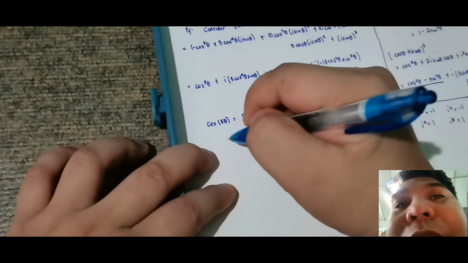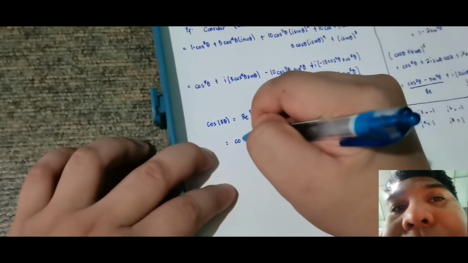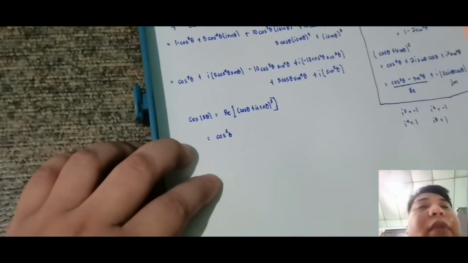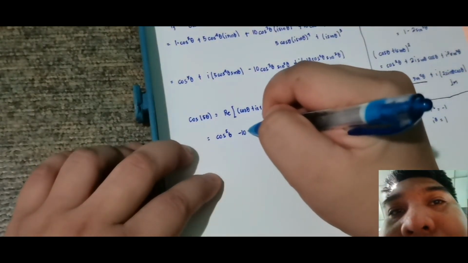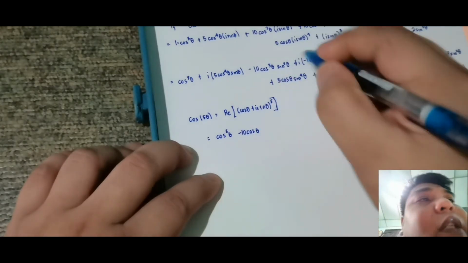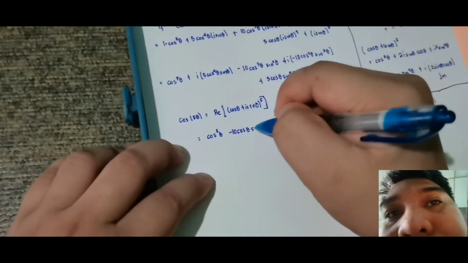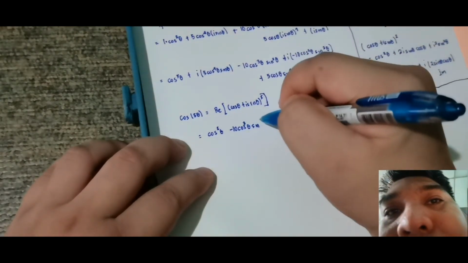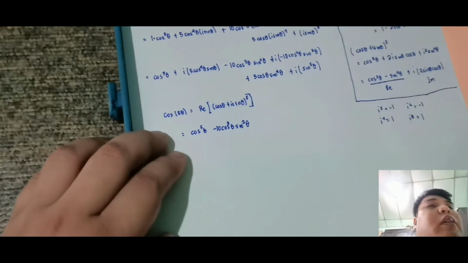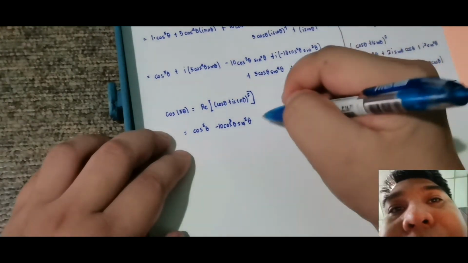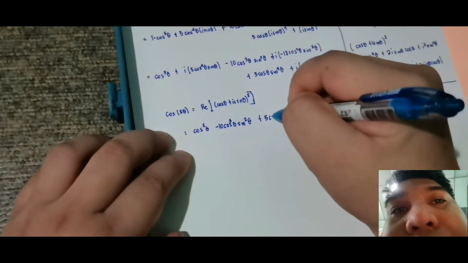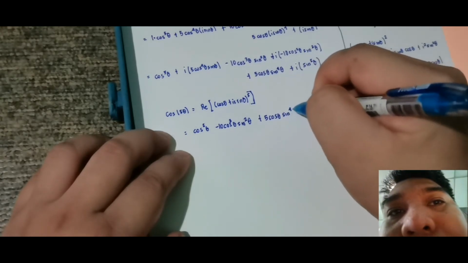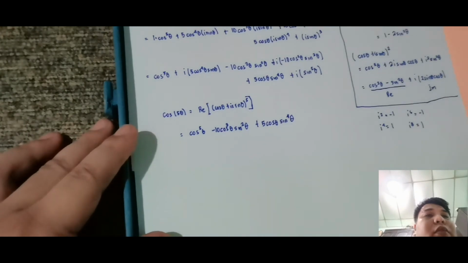Yung mga walang I dyan is equivalent kay cosine raised to 5 theta, then minus 10 cosine cube theta, then sine squared theta. Okay, then, that is plus 5 cosine theta, then sine to the fourth theta. Okay, so, ayun yung real part.